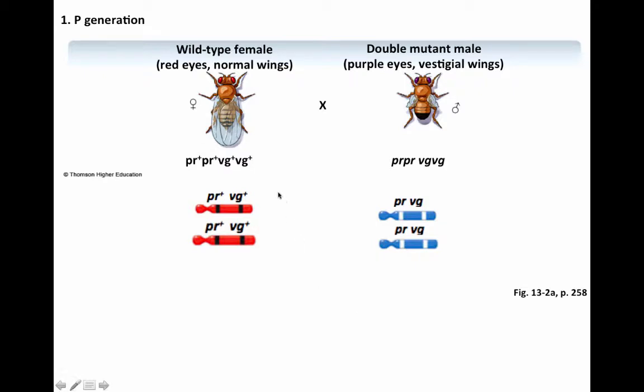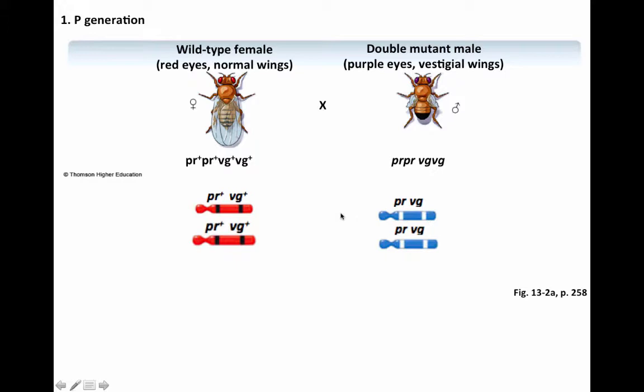We have a female who's wild type. The plus here means that she's wild type for the eye color, and she's also wild type for normal wings. And so she has 2 chromosomes like that. And then the male is double mutant, so he has purple eyes and he has vestigial wings.